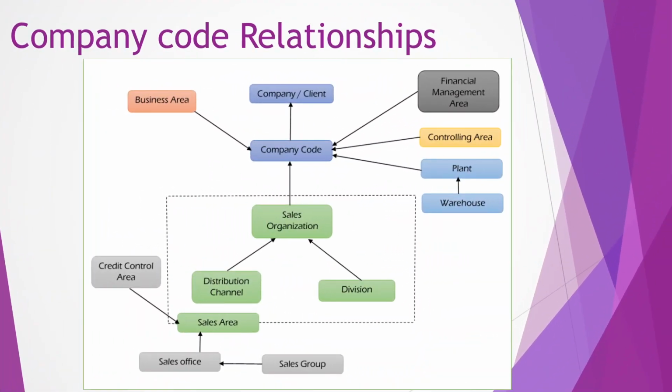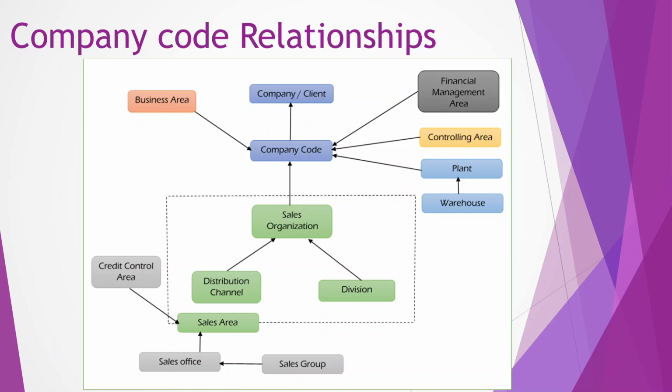So company code particularly has a lot of relationships within the organization structure of the company in the SAP system, and this is just one small presentation. Everything is not covered here. Please do not get confused that only these many relationships are available.